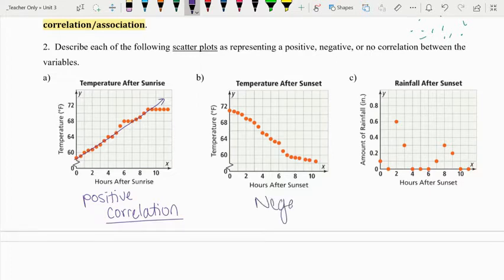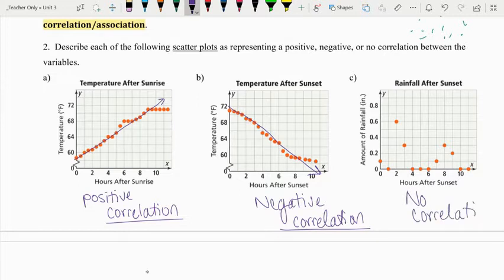Same thing here. We got a negative one because it looks like it's going down. And the last one would have no correlation, because there's not a line that I could really draw. I mean, maybe coming through there, that kind of gets you in the middle of it, but that's not a pattern at all. So that is no correlation.